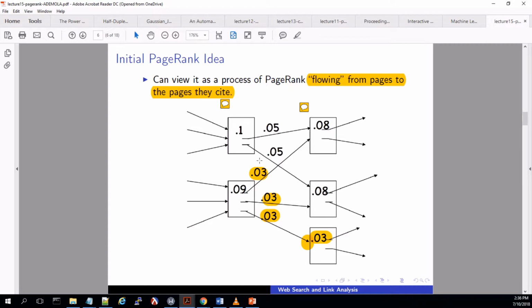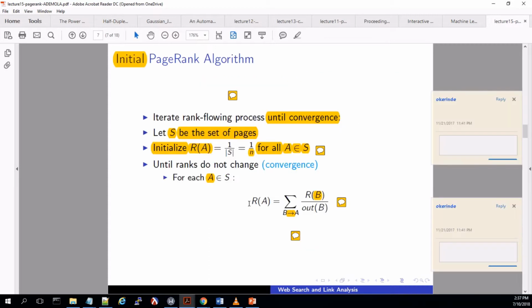You see that there are 2 arrows coming out from here. While the out degree of this one is what? It is 3, because it's distributing its weight on 3 pages. I hope we understand that. It's very important to get this concept right.